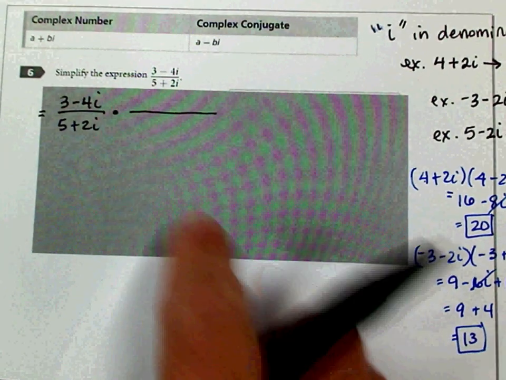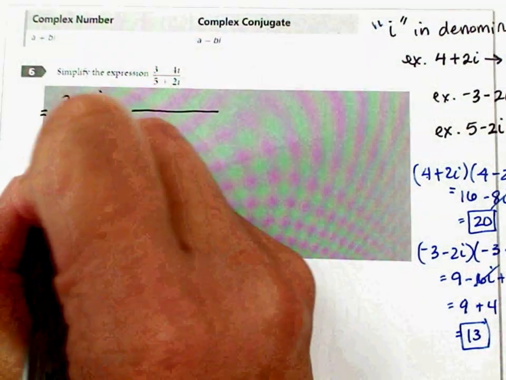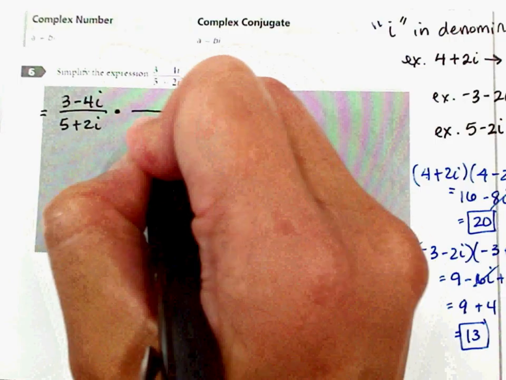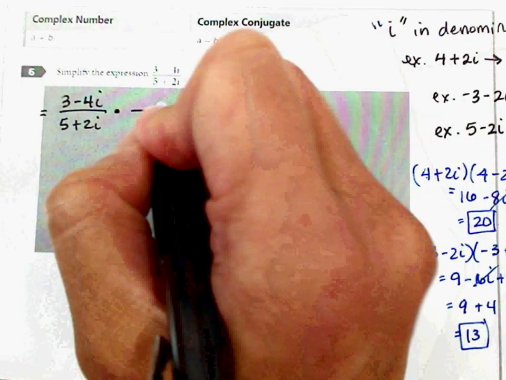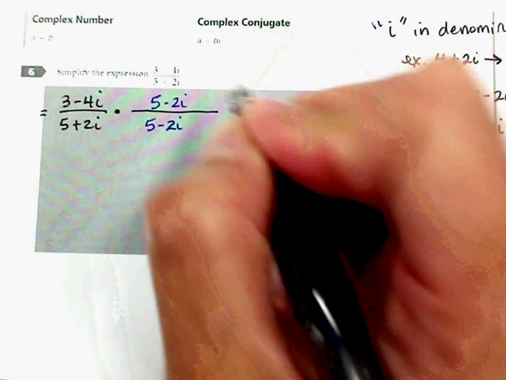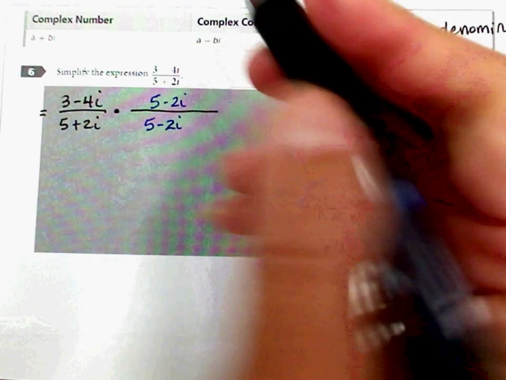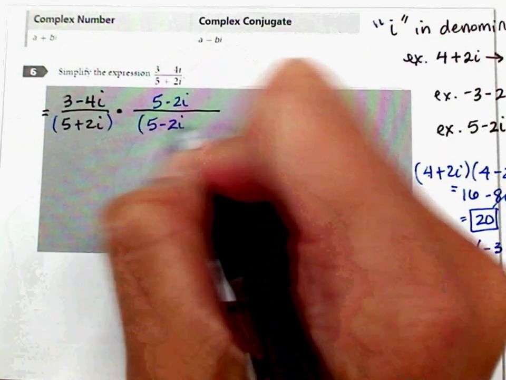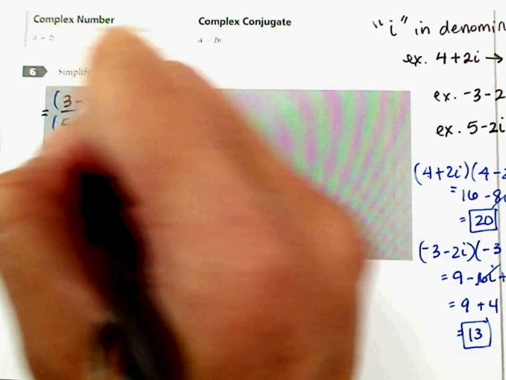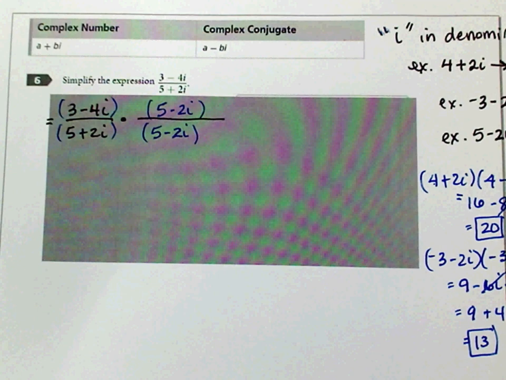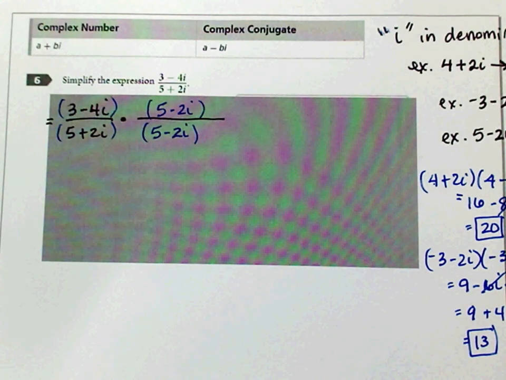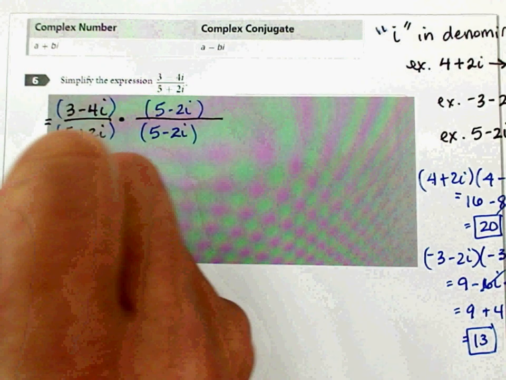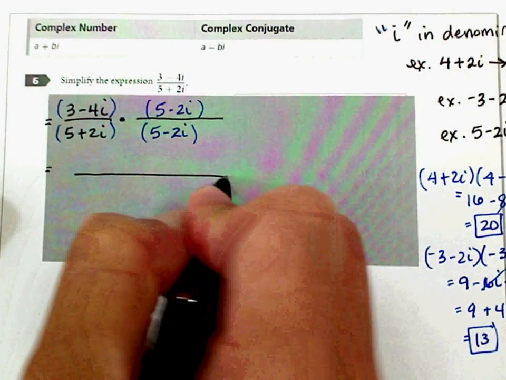You're going to multiply it times the conjugate. So what's the conjugate of your denominator? 5 minus 2i. What you do to the bottom, you do to the top. What you do to the denominator, you do to the numerator. And I like to tell my students to put parentheses around them because you are multiplying a binomial.